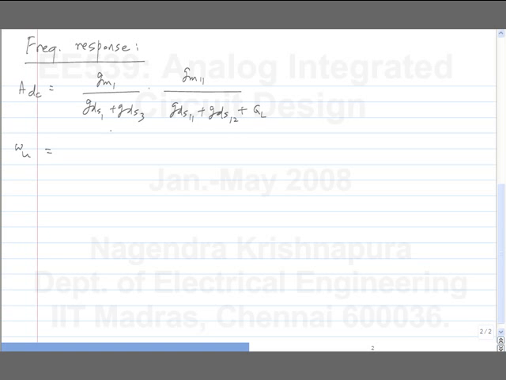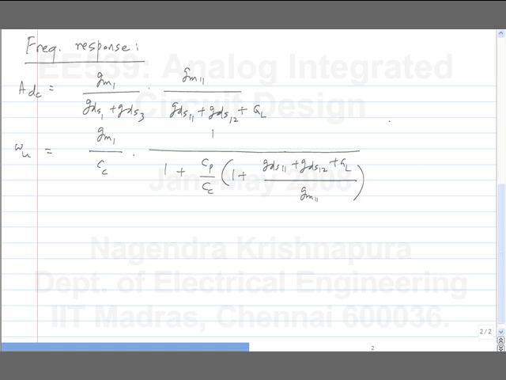The unity gain frequency is mostly this. There is this modifying factor. Where, what is CP?